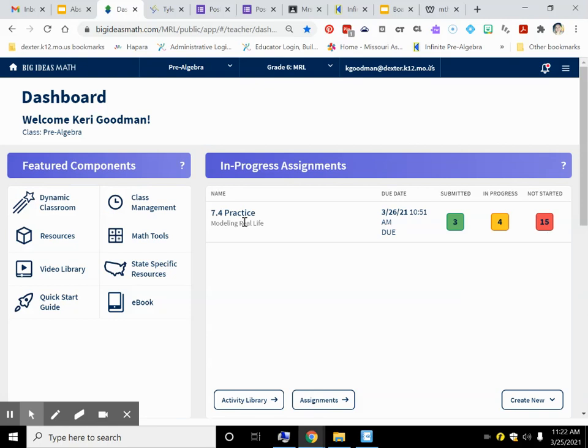You will have the rest of class to work on it, which is about 10 minutes. If you don't finish, it's homework due at the beginning of class tomorrow. How many questions are there? You'll see it once you get on there. If you need to go back to your original seat, go ahead, get on to Big Ideas and start your assignment. Good work. Thank you.